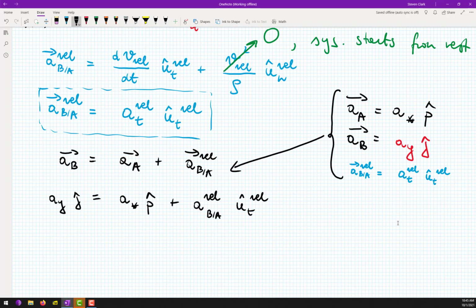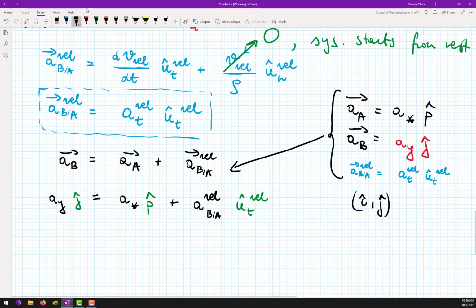We have three different coordinate systems here: j, P, and UT-rel. We cannot sum vectors like that. We must bring everything to one coordinate system, and I propose that we bring everything to i and j.